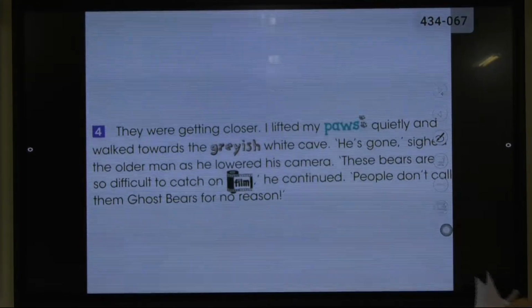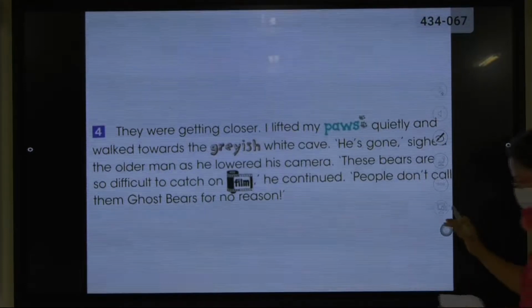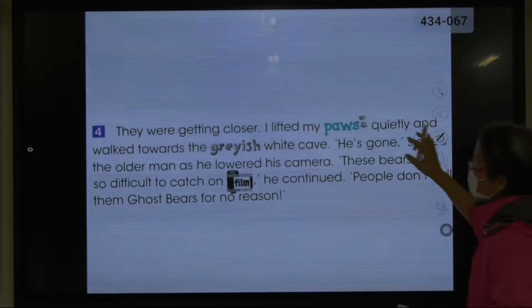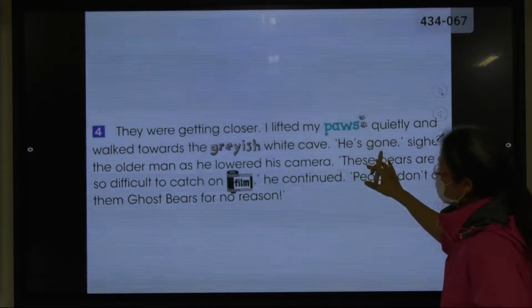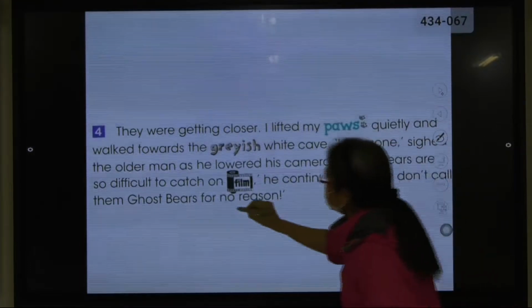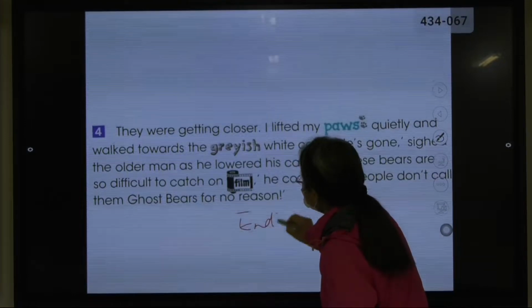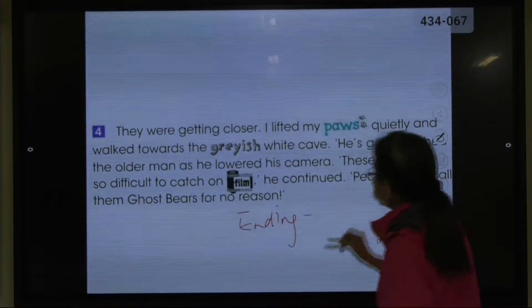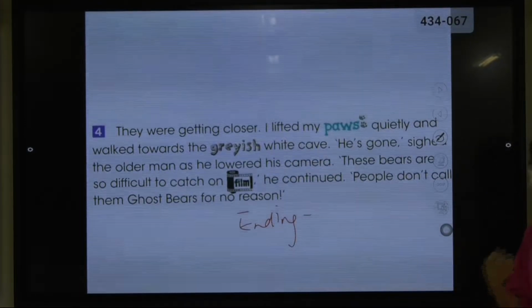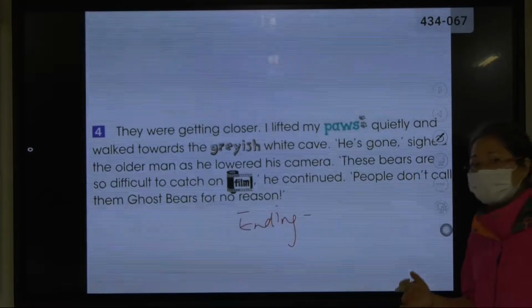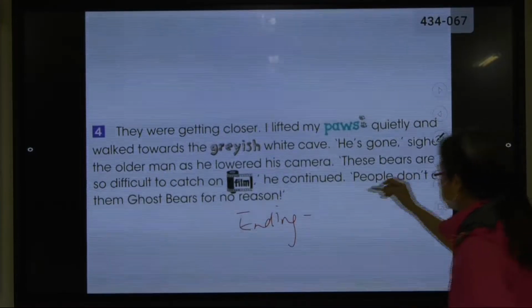And then let's go to the last paragraph of the story. The last paragraph is the ending of the story. It tells us how the character solved the problem.